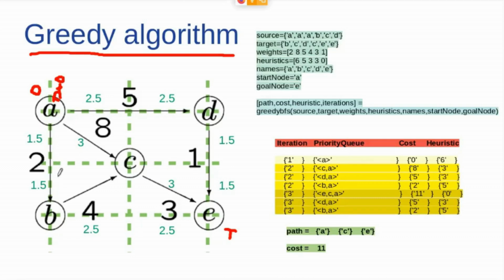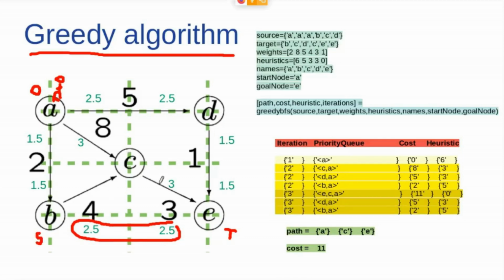Let's say B, C, and D, right? Well, we have B with a heuristic value of 5, right? Because the heuristics of B is 5. Can you see here? 2 times 2.5, right? So this heuristics will be 5.